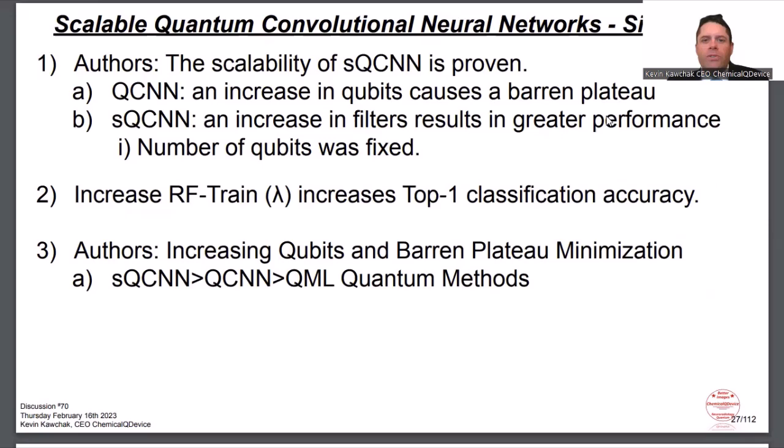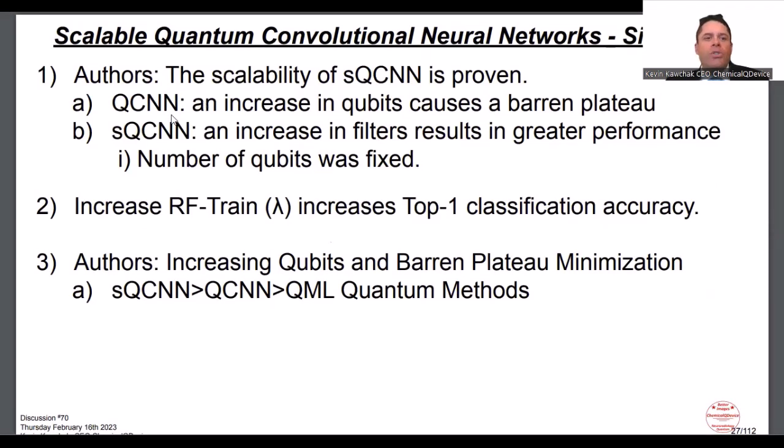There's somewhat good analogies. So in summary, with the QCNN you have to increase qubits, but the problem is you get barren plateaus. So this is like a programming restriction. It's just an inherent thing that increasing qubits kind of works against itself.